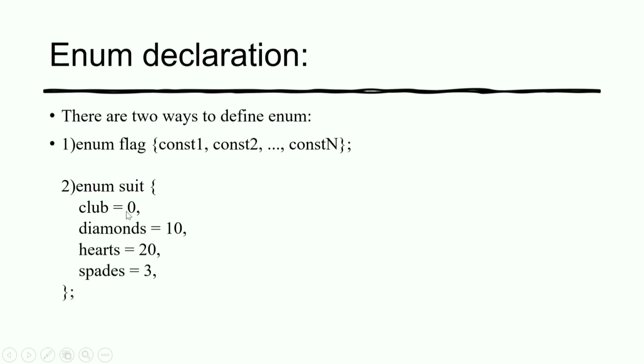Here, integral values, if not initialized, club will be 0, diamond will be 1, hearts will be 2, spades will be 3. But we have modified by using assignment operator by initializing the values.